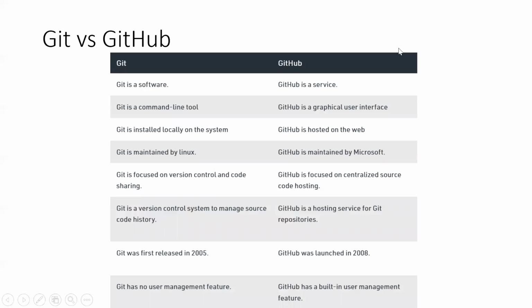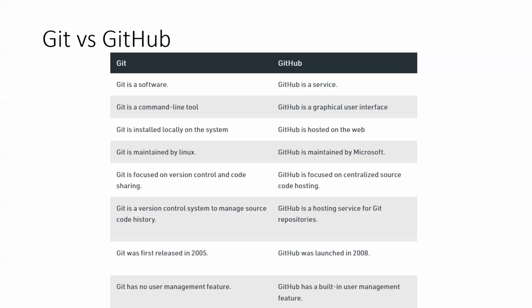Now, we have also heard about GitHub, Git and GitHub. Those are two different things. Git is specifically a software, and GitHub is a service which works on top of the Git software. Git is a command line tool. GitHub is a graphical user interface.